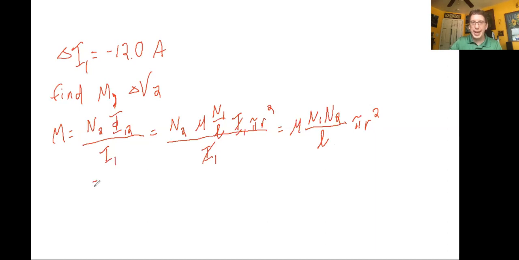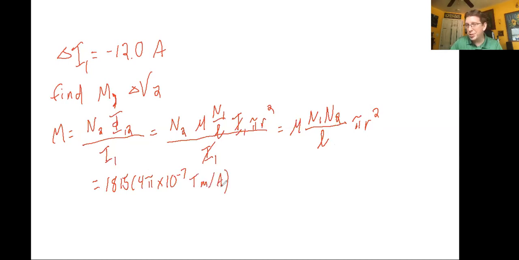And so now we want to calculate, and the mutual inductance, just like self-inductance, is going to be in units of henries. So mu is equal to 1,815 times mu naught. So that's 1,815 times 4 pi times 10 to the negative 7 tesla meters per ampere.